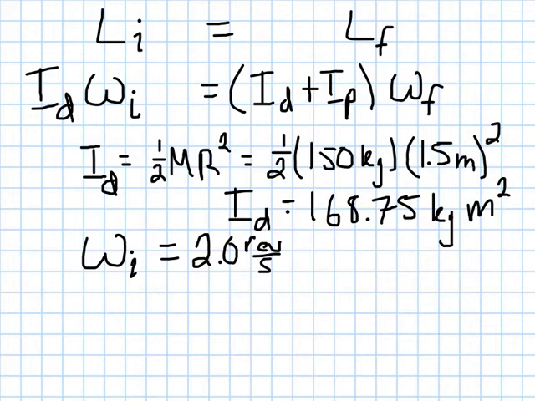So 1 revolution is the same as a full circle, which is 2 pi radians, and so omega initial is also equal to 4 pi, so that's 2 times 2 pi, and now this is radians per second.